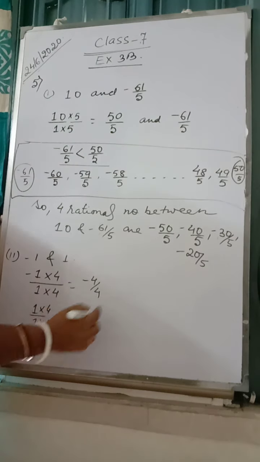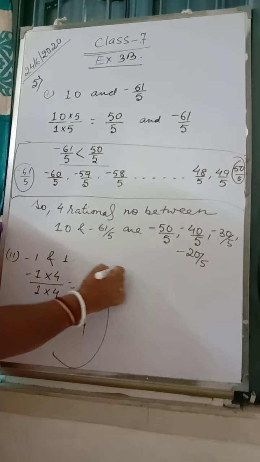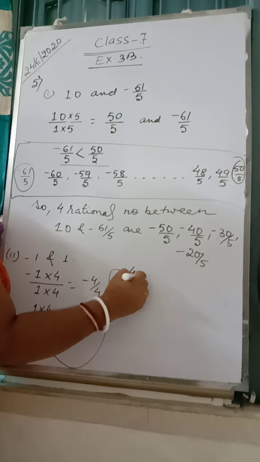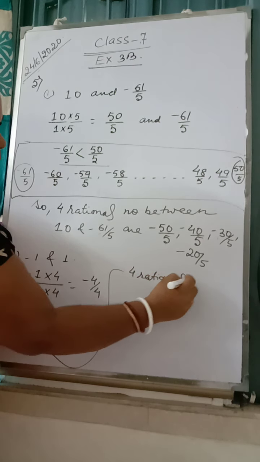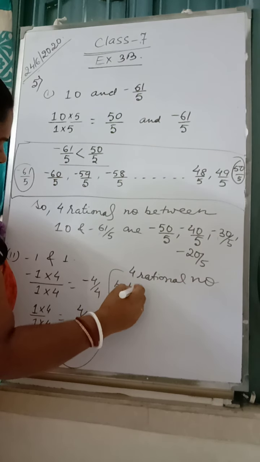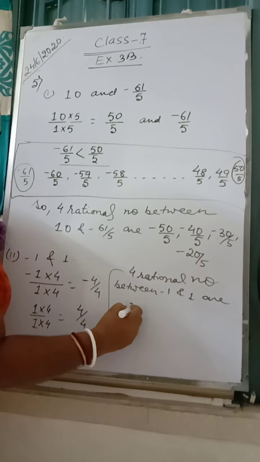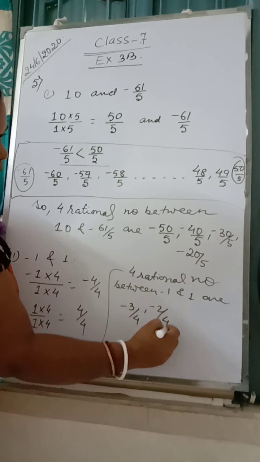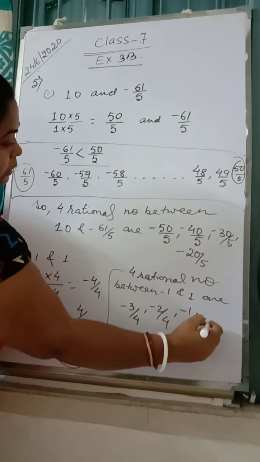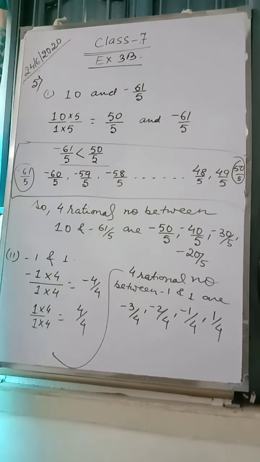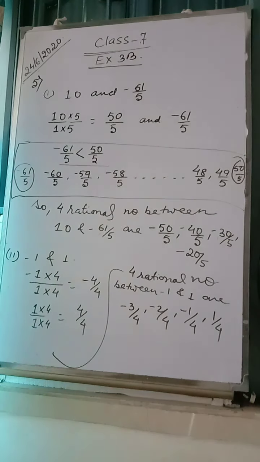So we can write 4 rational numbers between minus 1 and 1: minus 3 by 4, minus 2 by 4, minus 1 by 4 and 1 by 4. Till 4 by 4 we have rational numbers, so any 4 numbers we can take. This way we find the rational numbers between two given rational numbers.